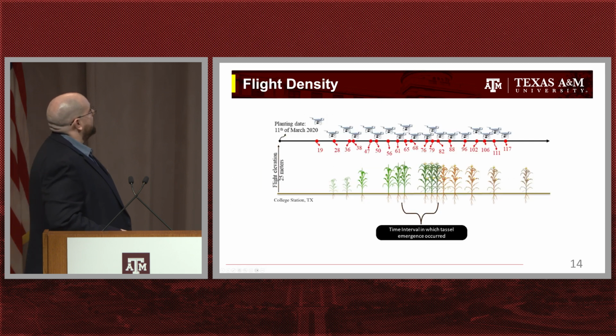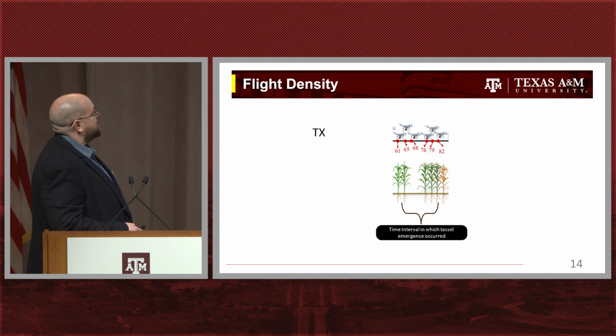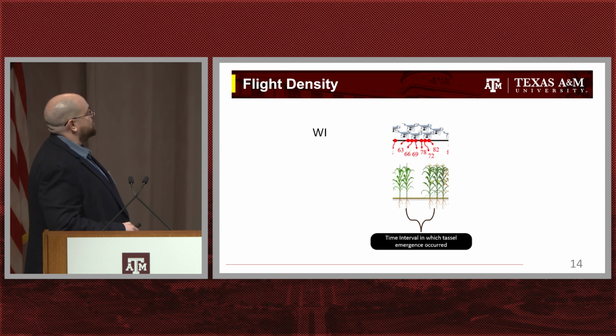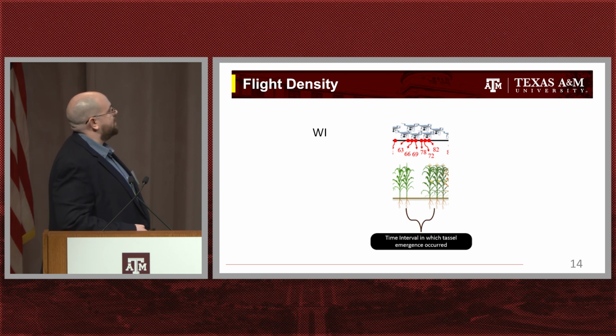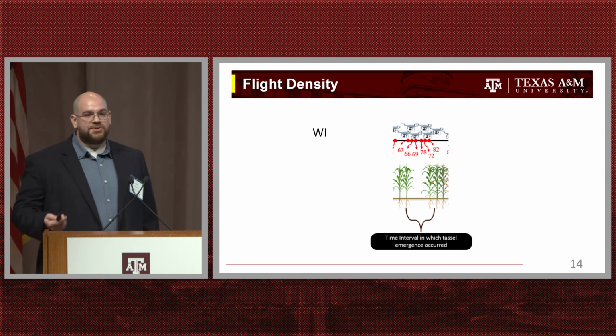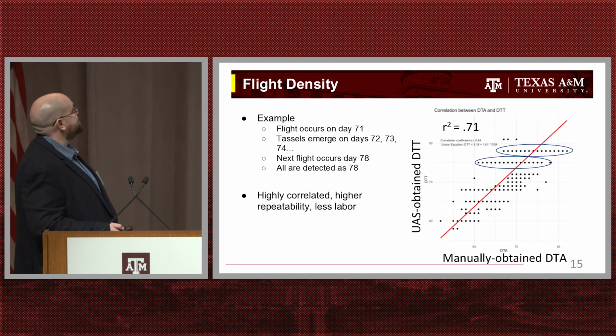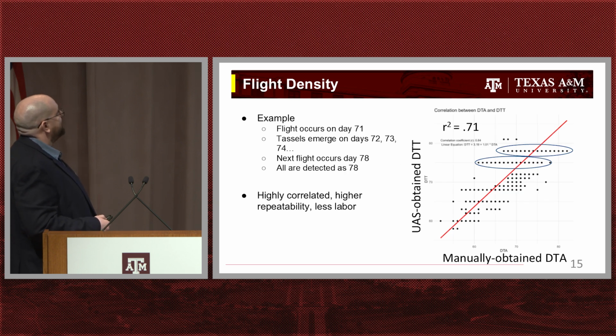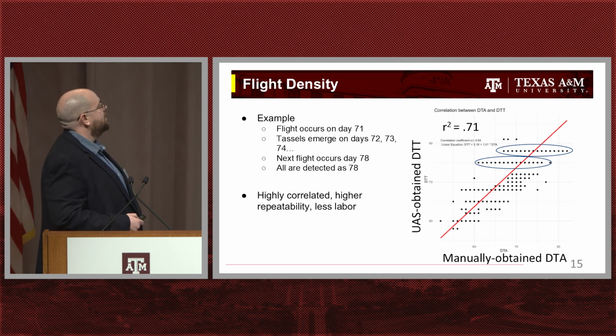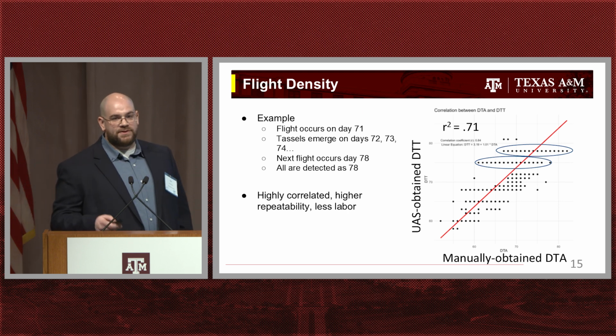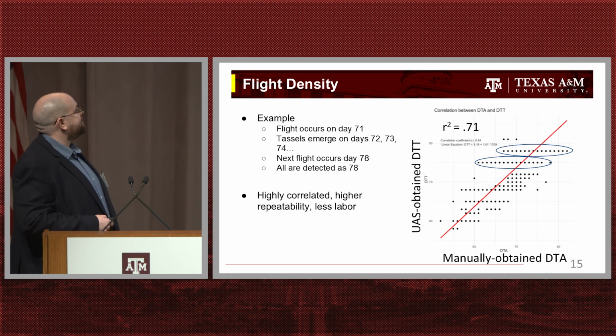The other main difference is going to be flight density. If we look at Texas, we're getting flights that don't occur as densely as in Wisconsin. These are very dense within that tassel emergence period, which means we're truly going to capture the day that it happens. The issue comes when we have a flight on day 71, and those tassels emerge on day 72, 73, 74, and our next flight is on 78.